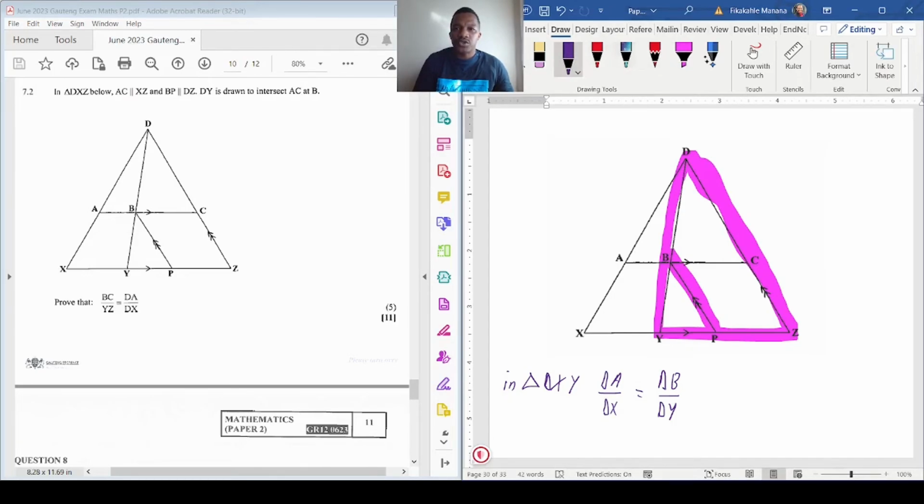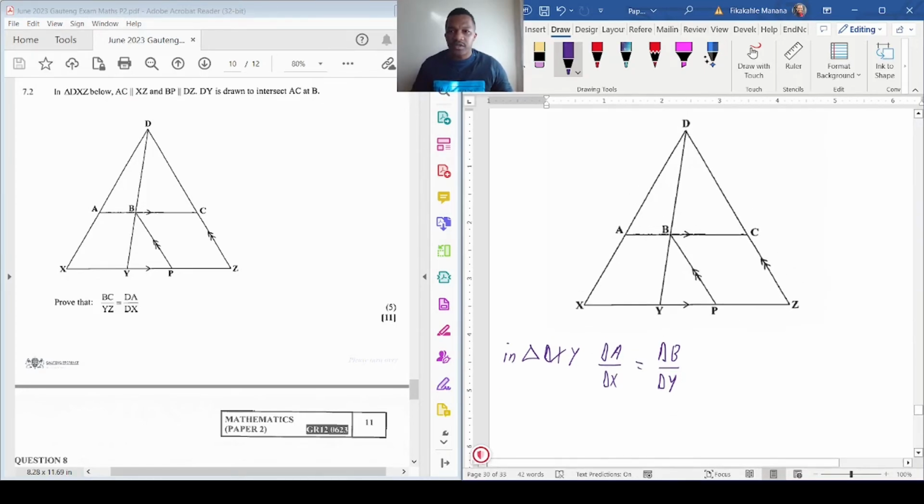So what I'm gonna do now is look at the other triangle.